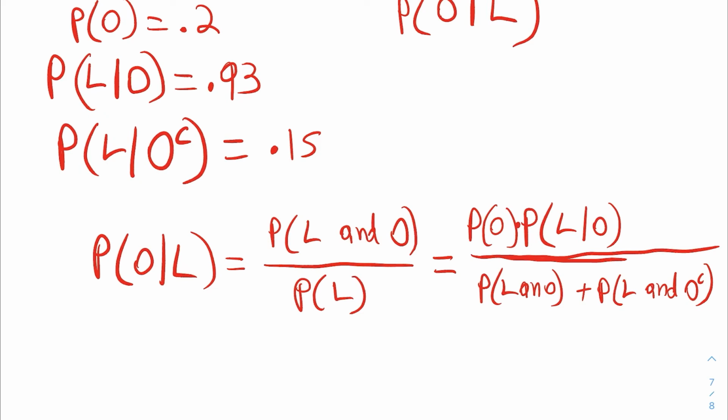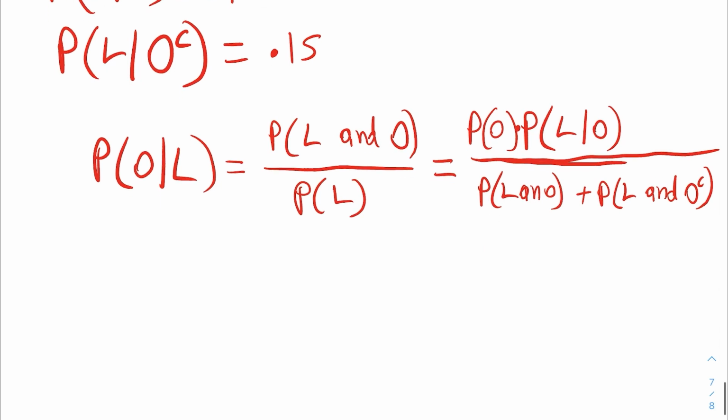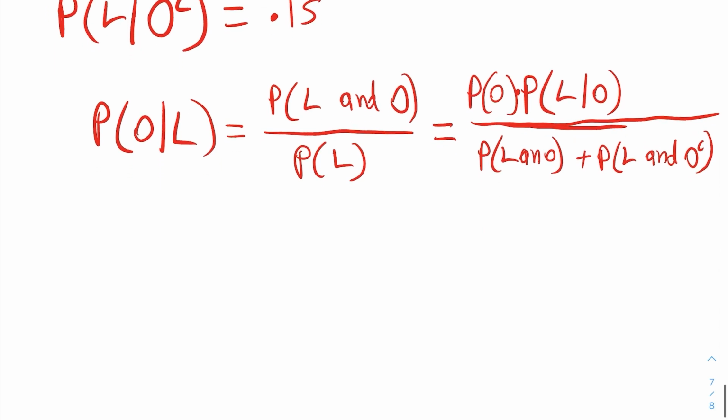There's no third option, so that gives us the total probability. But we already found the probability of L and O: it's the probability of O times the probability of L given O. So the first term in the denominator is the exact same as the numerator.